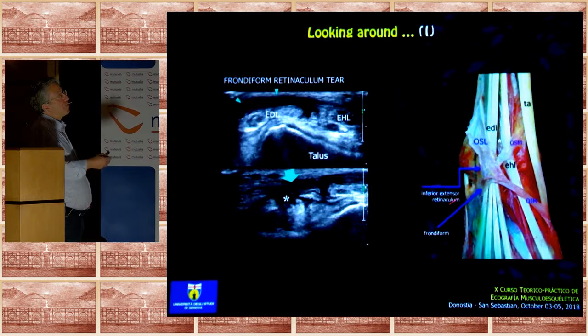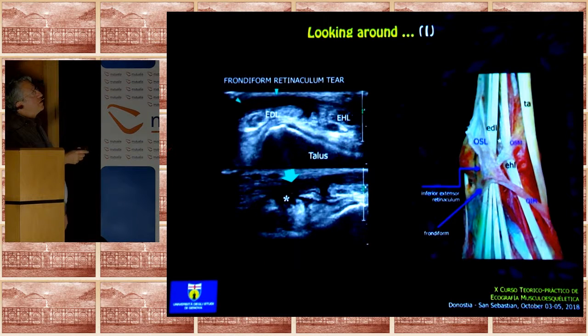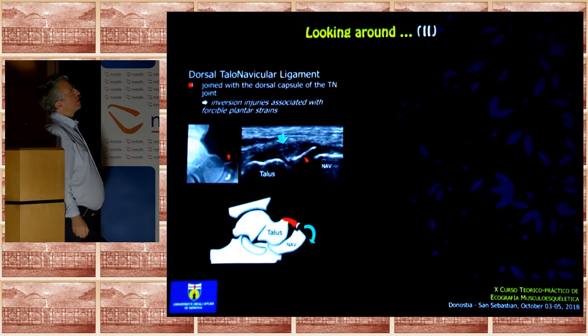Probably the retinaculum was stabilizing laterally in absence of any other ligament, and this is the depiction of the injury of the retinaculum.